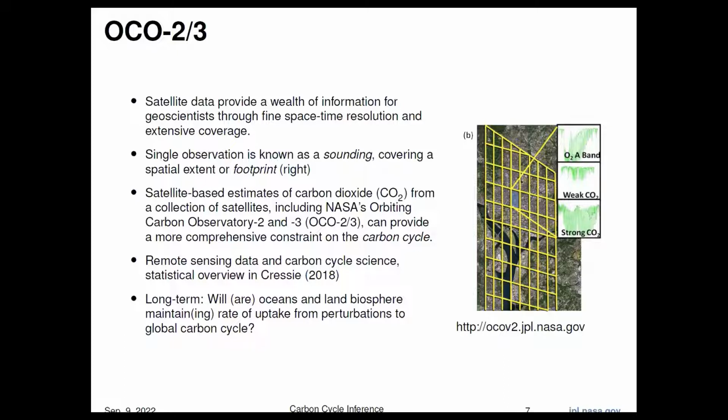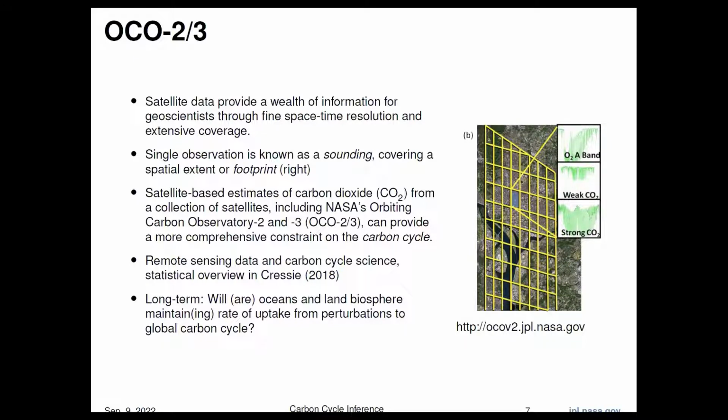Both OCO2 and OCO3 have pretty substantial coverage globally, which we'll show in a moment, and that really helps provide additional insight for the carbon cycle. I mentioned the work by Noel Cressie that talked about this.